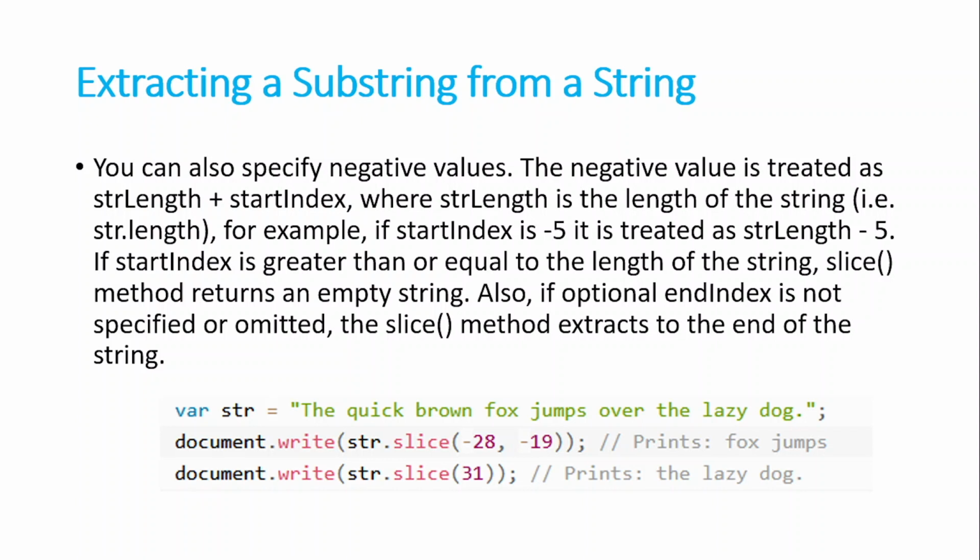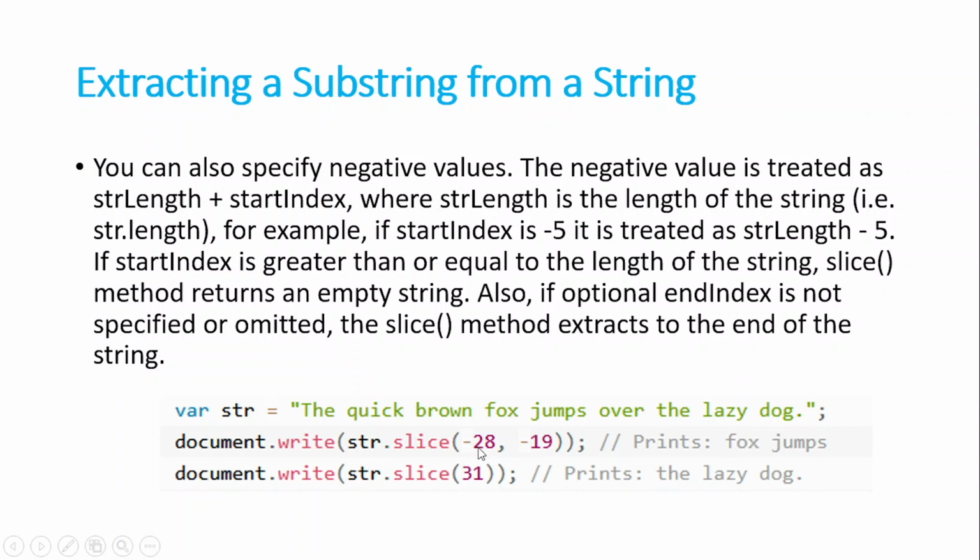You can minus that negative index from it, then you will get the index of that particular letter. If start index is greater than or equal to the length of the string, the slice method returns an empty string because nothing is after that, right? Also, if optional n index is not specified or omitted, the slice method extracts to the end of the string. So it will go to the end of the string.